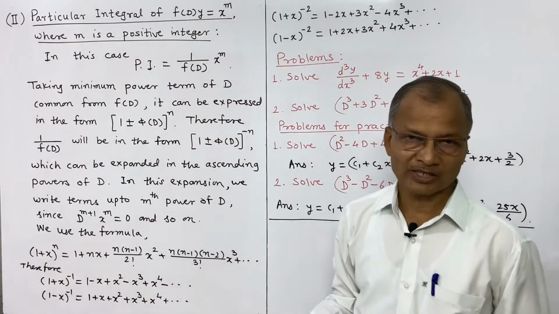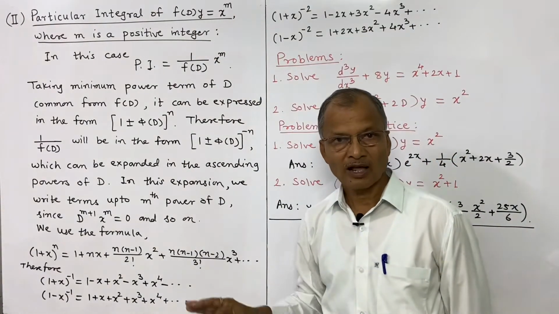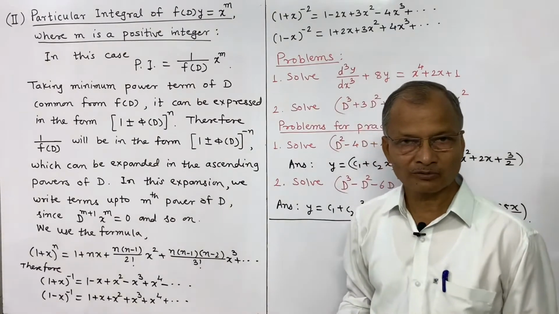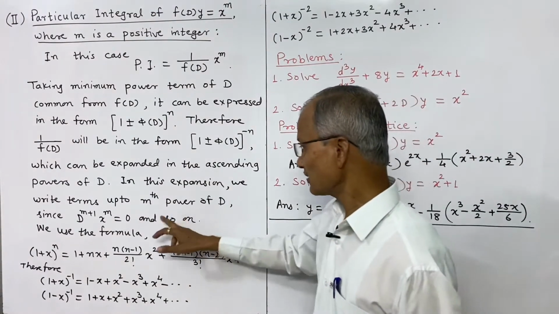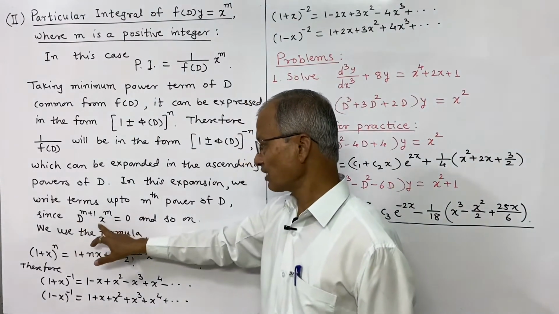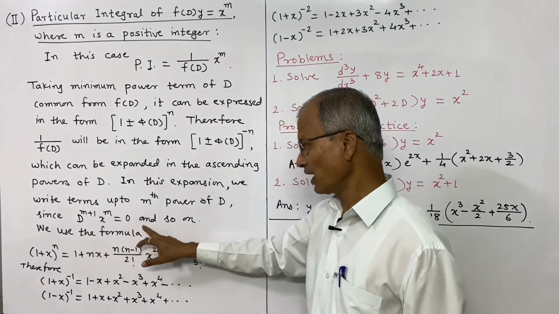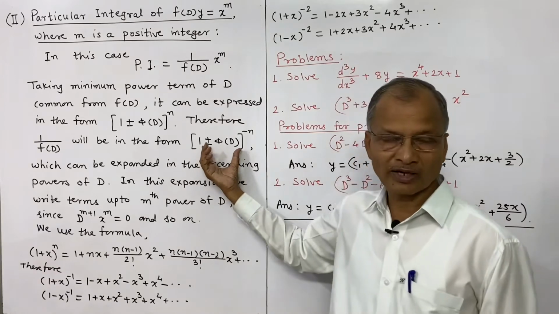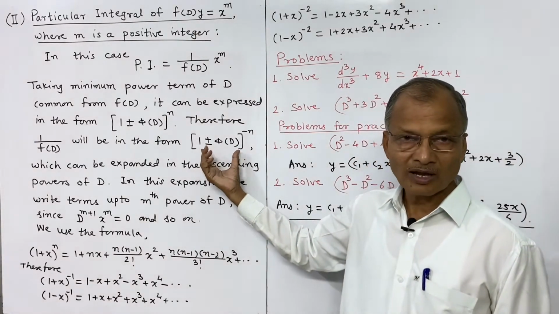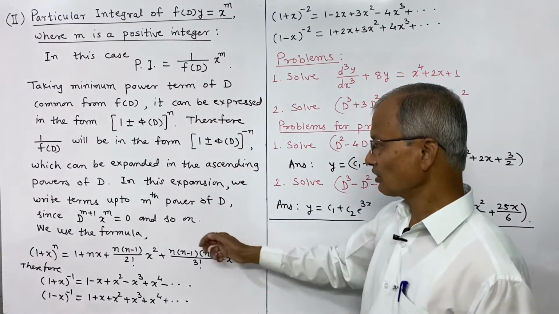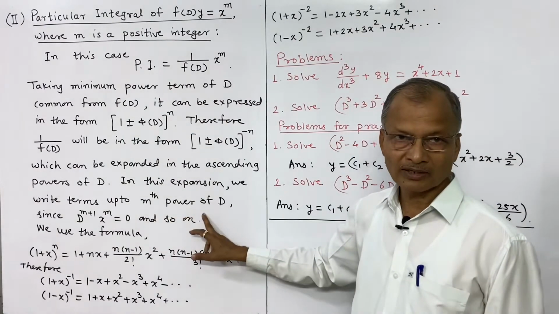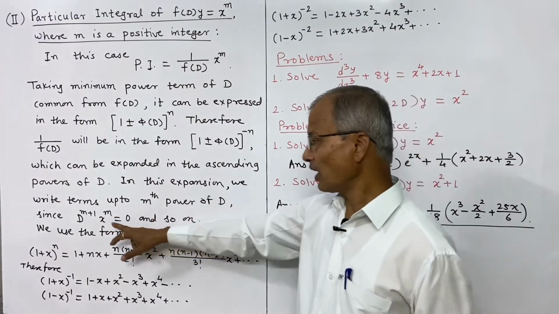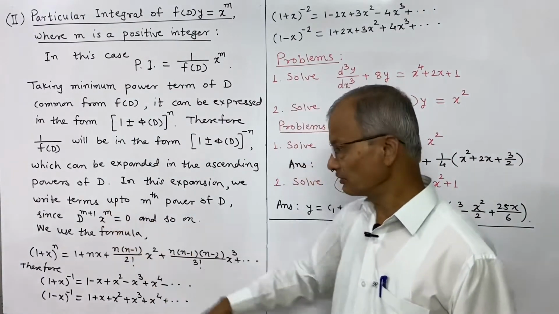Mth derivative of x power m will be constant, and thereafter the derivatives will become 0, because D power m plus 1 of x power m will be 0 and further derivatives will be 0. So this will actually be an infinite expansion, but in that expansion we should write the terms of D up to mth power if the power of x is m, positive integer.